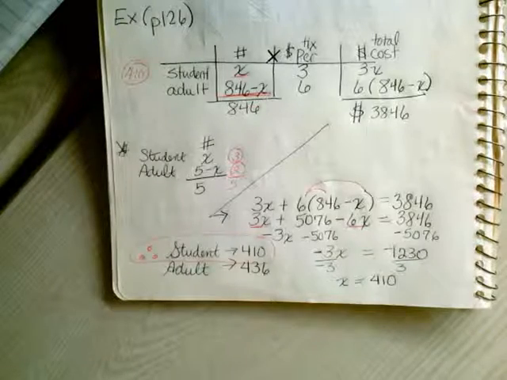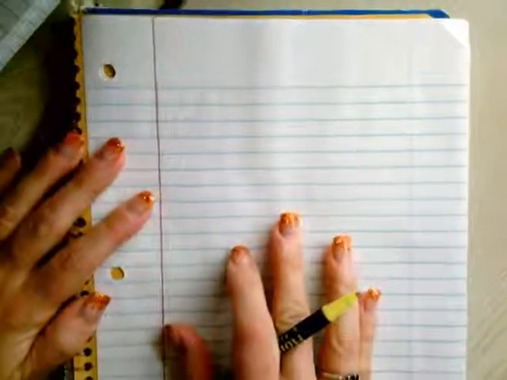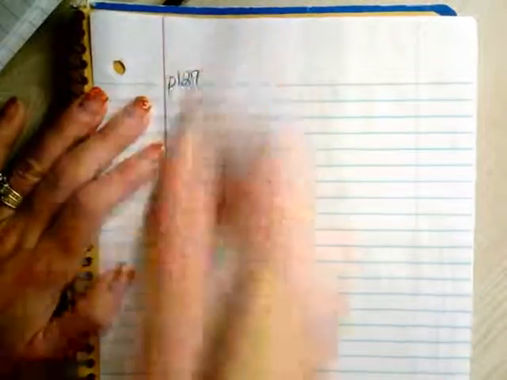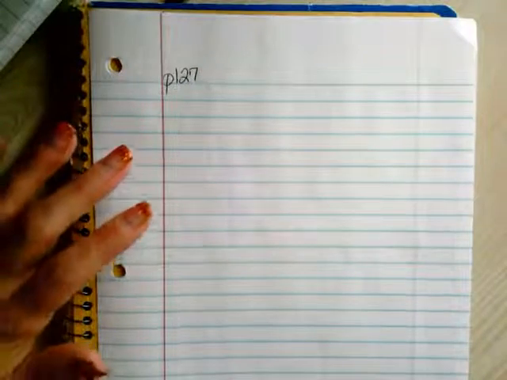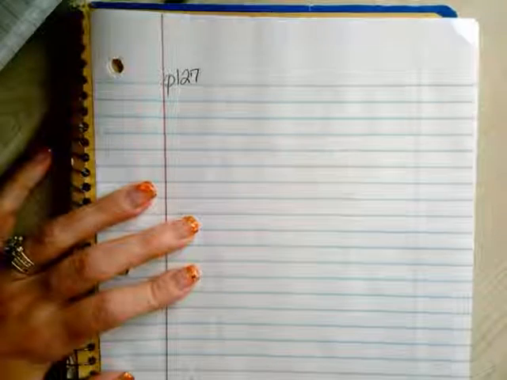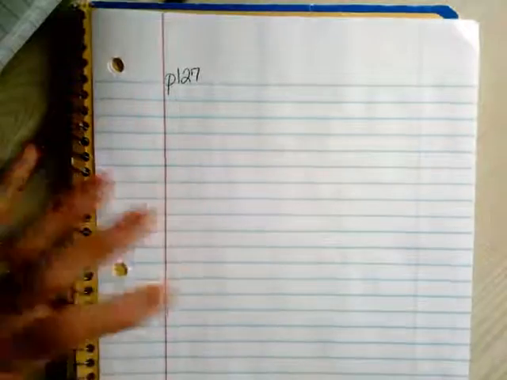Moving on to the top of page 127. Okay, page 127. Marley makes $5 an hour working after school and $6 an hour working on Saturdays.